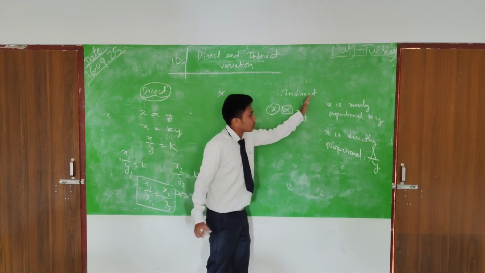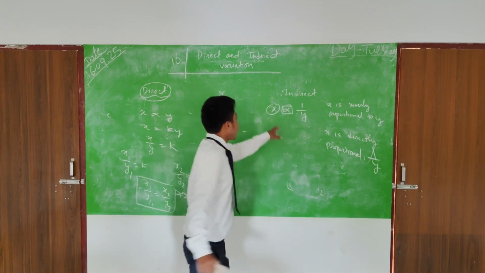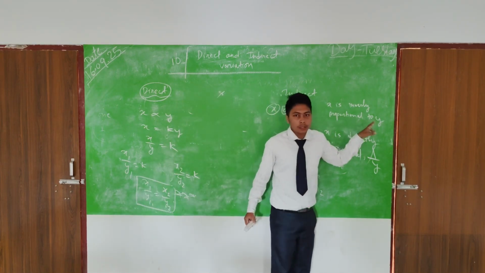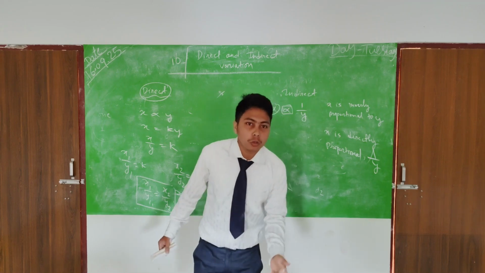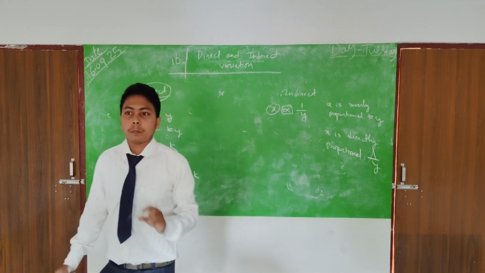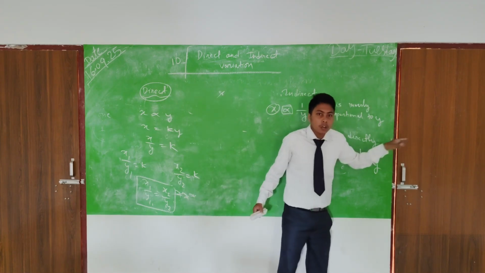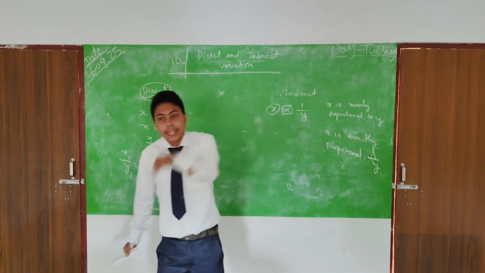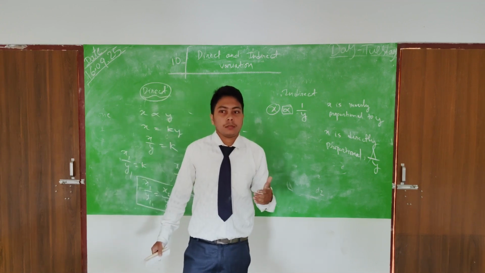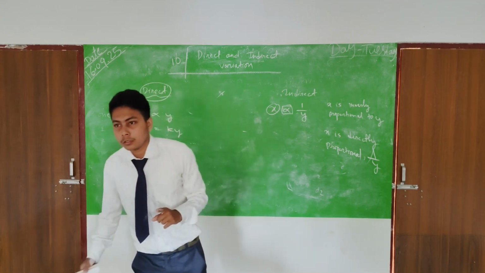So there are two ways to pronounce this. I can say either x is inversely proportional to y, or I can say x is directly proportional to 1 by y. Please understand the words. Understood? Yes, sir.